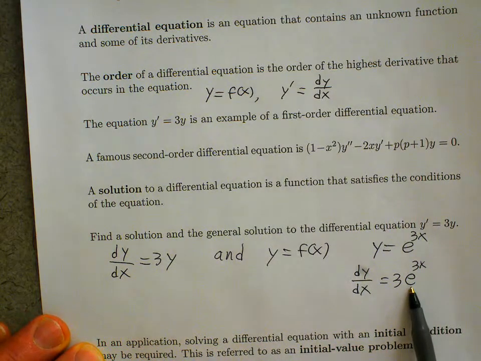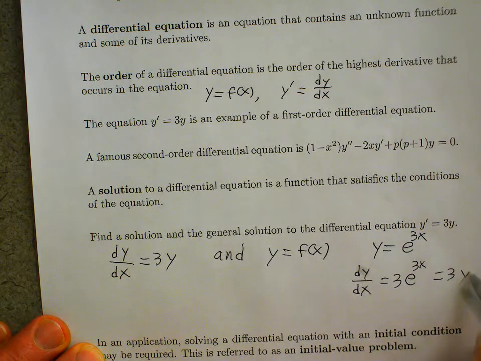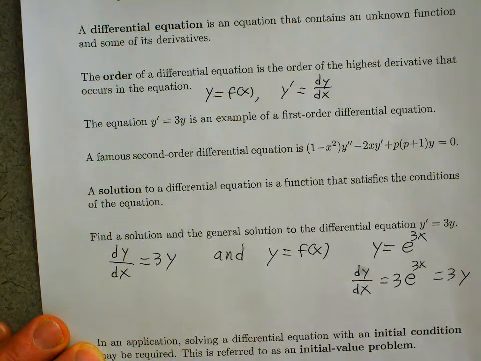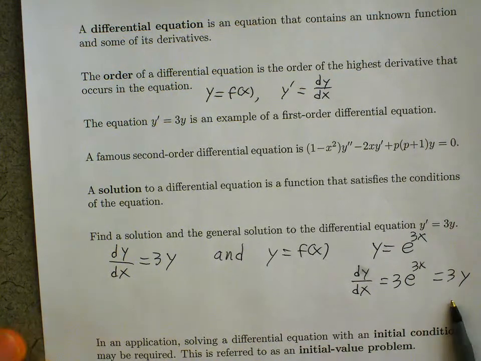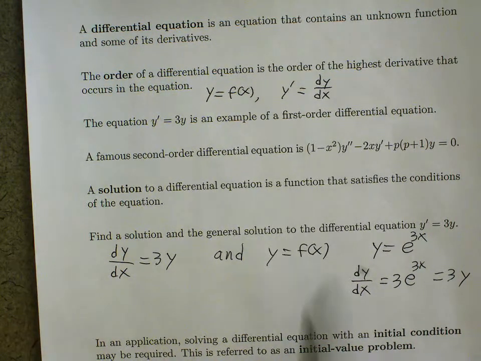But e to the 3x is what y is, so this is just 3 times y. So we found a solution to that differential equation. One solution is just y equals e to the 3x. That is a solution because it satisfies the conditions of that equation.